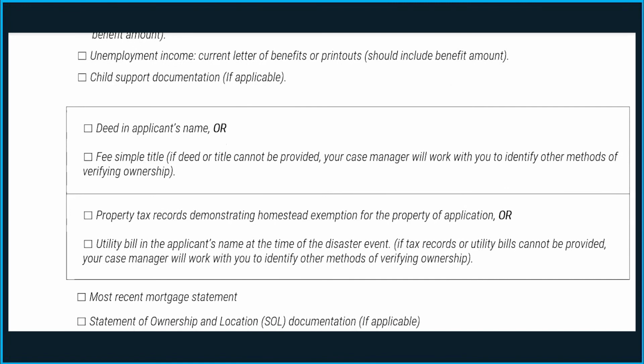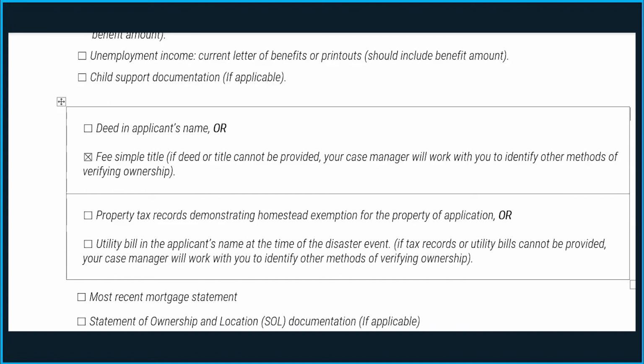Documentation should be attached to verify ownership, such as a deed in the applicant's name or fee simple title. If a deed or title cannot be provided, the case manager should work with the applicant to identify other methods of verifying ownership.